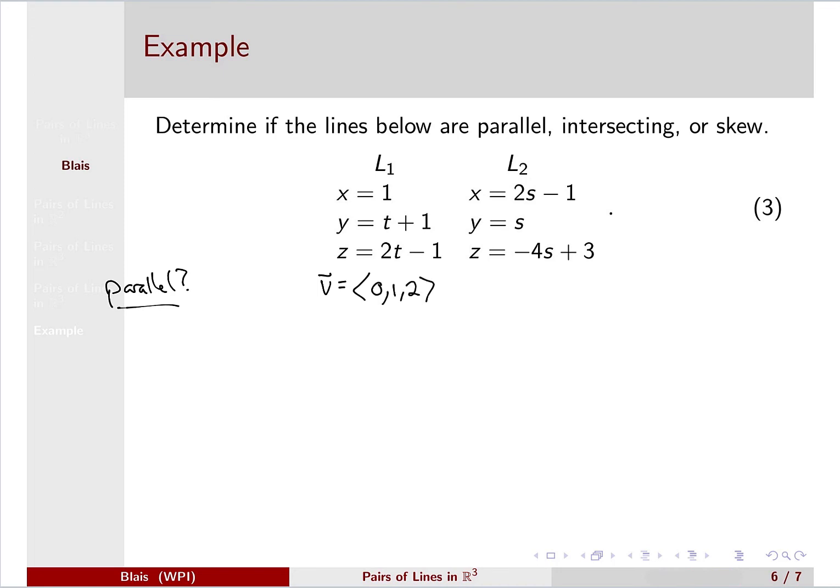In L2, we have a parallel vector 2, 1, minus 4. And we can see right away that these are not scalar multiples of each other. We can't multiply v by anything to get w because it has a 0 in the first entry. So we see, no, they are not parallel.